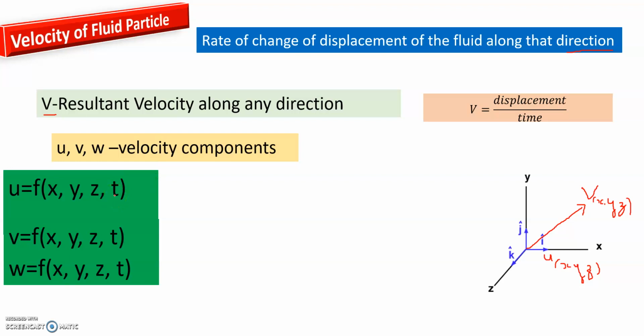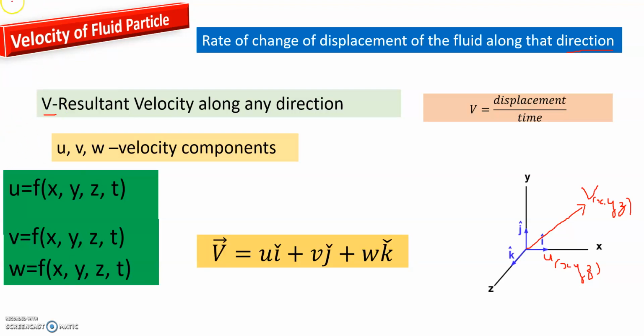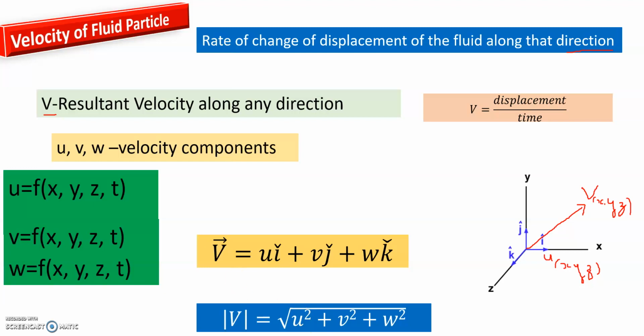Now once you know all these components, we can calculate the resultant velocity, how to represent it, and also its magnitude. The resultant velocity vector V can be represented as ui plus vj plus wk. Similarly, the magnitude of V is the square root of u squared plus v squared plus w squared.